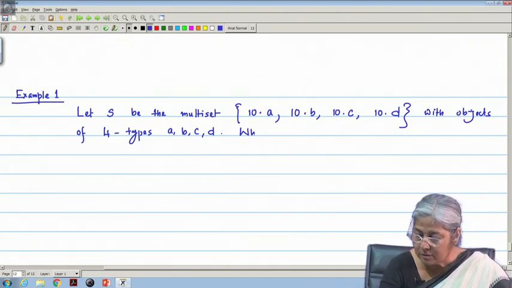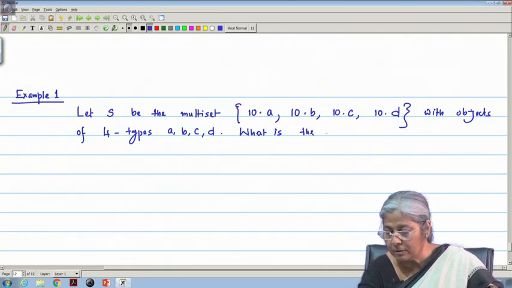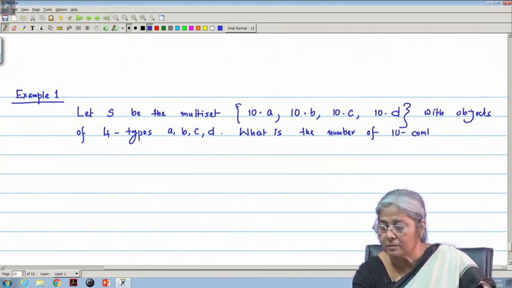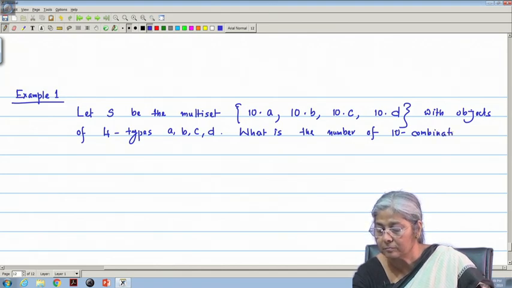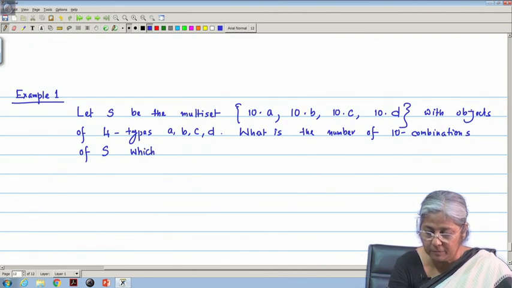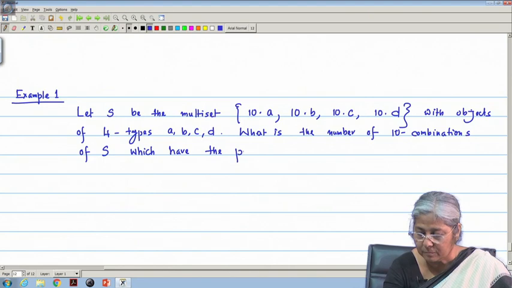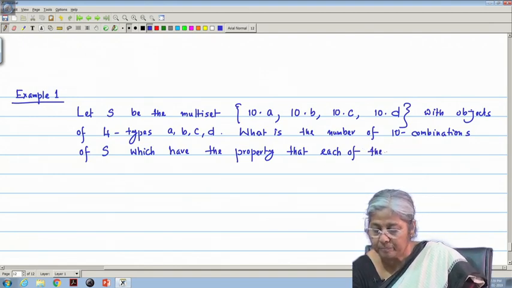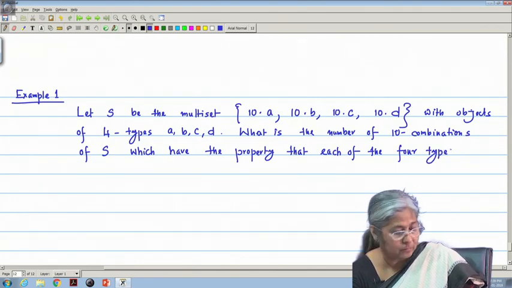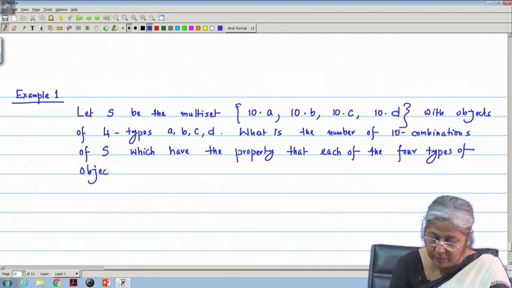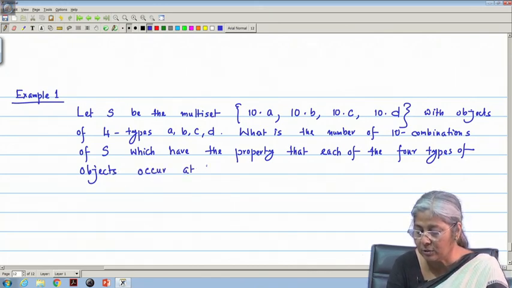Then the question is, what is the number of different 10 combinations of S which have the property that each of the 4 types of objects occurs at least once.